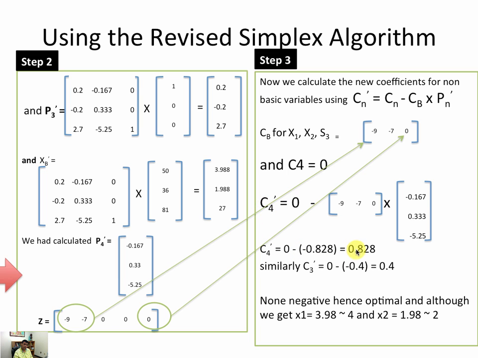C4 prime comes to be 0.828, and similarly C3 prime comes to be 0.4. None of the two C's are negative, which means we have reached an optimal solution, and we get x1 equal to 3.98, which is rounded to 4, and x2 is equal to 1.98, which is rounded to 2.